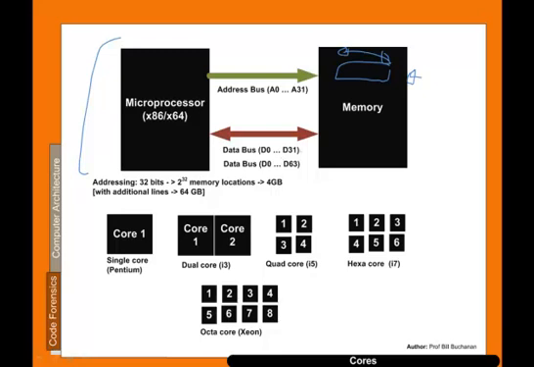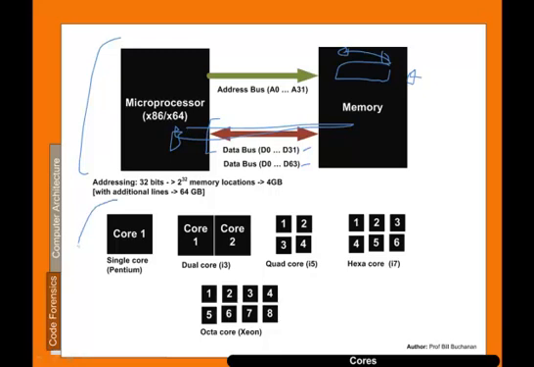So the processor itself is defined either as a 32-bit processor if it has 32 data bits, or 64 if it has 64. Obviously, the more data bits that it has, the faster it can read and write from memory if it has a lot of memory to read, if the program is set up for 64 bits.